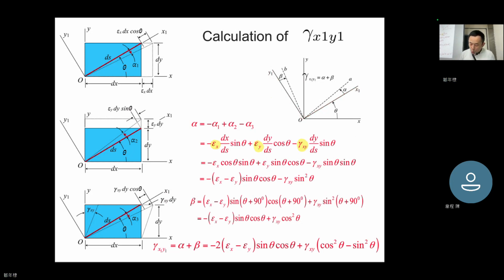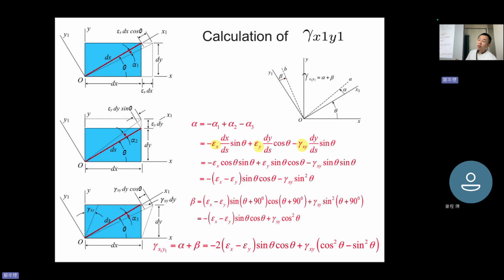Assume that gamma x1 y1 is positive, right? So your shape will become like this. Your x1 will become this line, your y1 will become this line. So x1 becomes the A line, y1 becomes the B line. So the total gamma x1 y1 will be alpha plus beta.